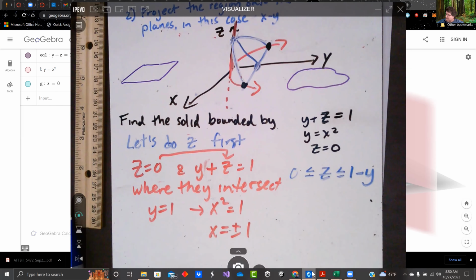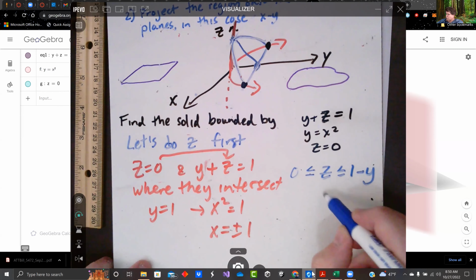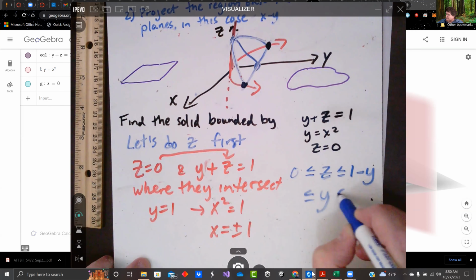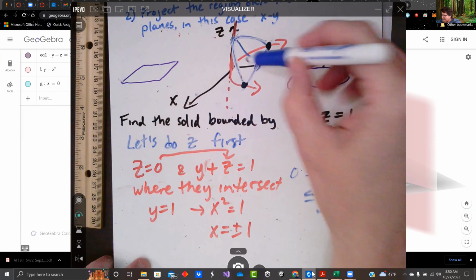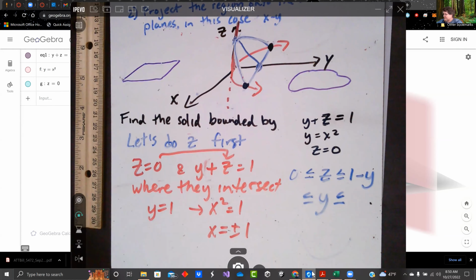So to finish out our limits, for y, how is y's value going?